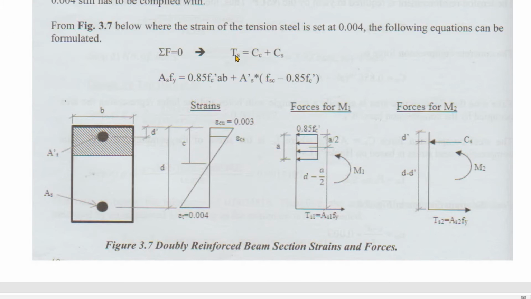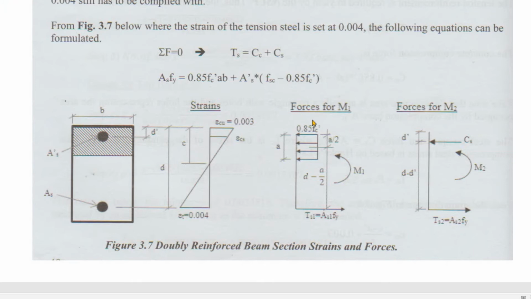And then, remember that tension is equal to AS Fy is equal to compression in concrete 0.85 F prime C a b plus compression in steel, this is A prime S times (FSC minus 0.85 F prime C).